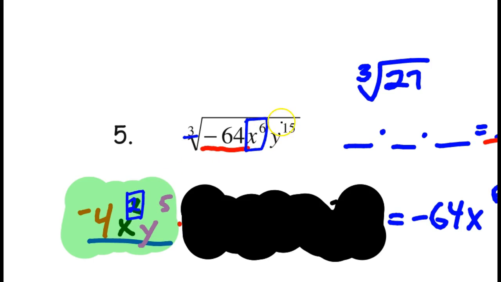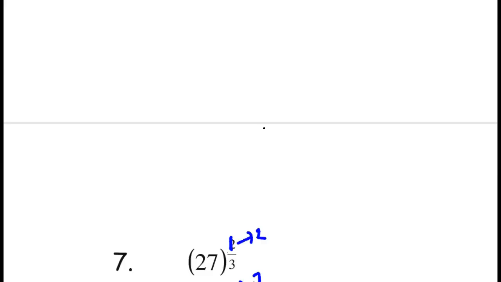And if you take the 15 and divide that by 3, you get the 5. So we did this a long way and showed a lot of work, but it really wasn't that bad. This just comes down to a lot of symbols, but in the end, the answer was, do you know how to do basic elementary school division? 6 divided by 3 is 2, and 15 divided by 3 is 5. So not that bad. You still have to know how to do the cube root of negative 64, but the exponents are actually the easy part. The hardest part is the number.